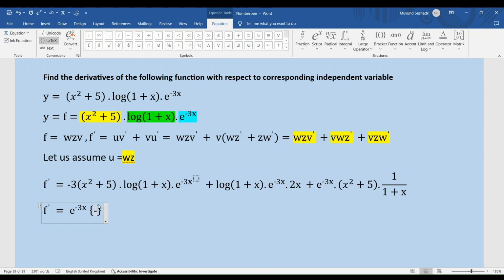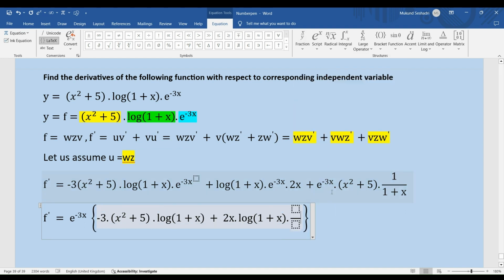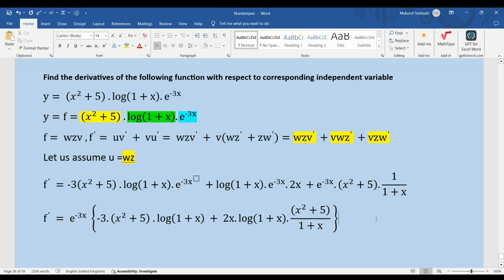So my first part will have a minus 3 into log of 1 plus x into x squared plus 5. So that is my part 1. And then I have my 2x dot log of 1 plus x, part 2. And my part 3 can be written in the form x by y, which is nothing but x squared plus 5 divided by 1 plus x, right? So that's how we represent our final answer.